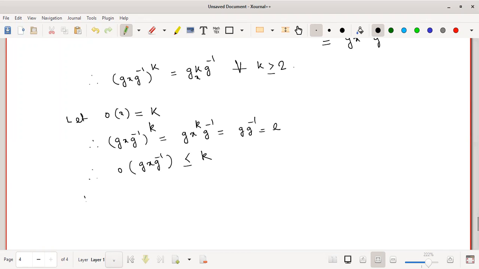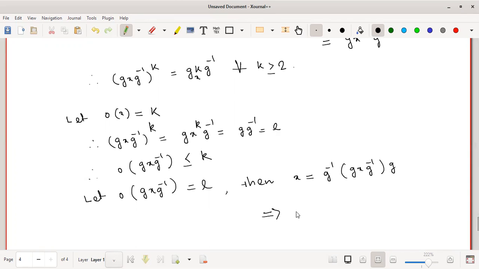Now suppose order of gxg inverse, because this is a finite quantity, it is proved that order of gxg inverse is also finite. Let order of gxg inverse be equal to l. Then x can be written as g inverse times gxg inverse times g.